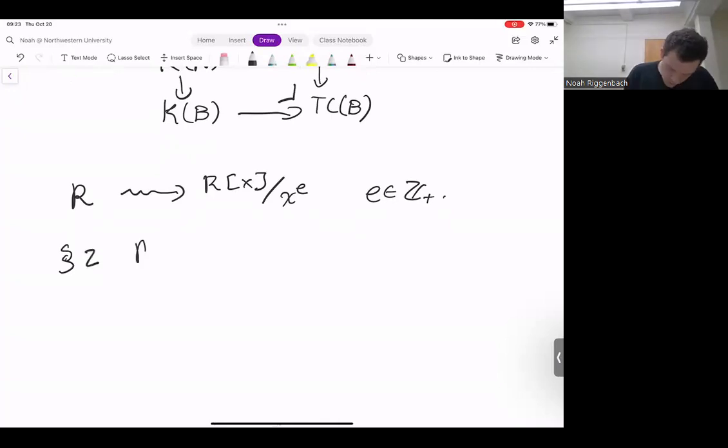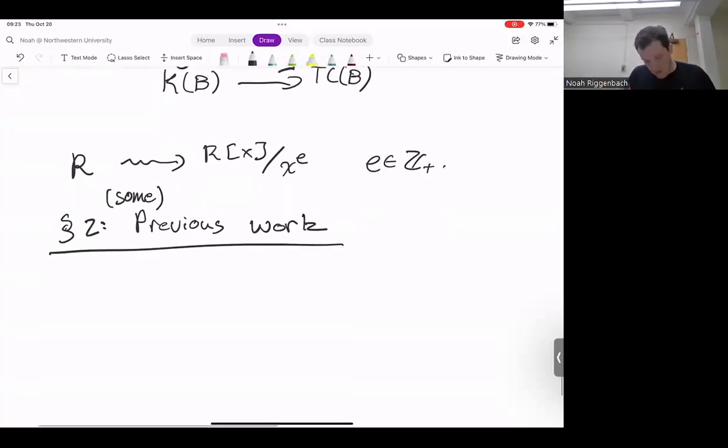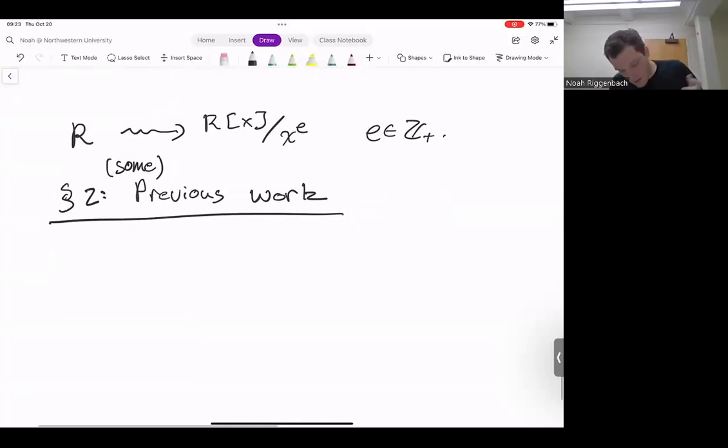Section 2, previous work. I'll emphasize the works that are most closely related to what I've done.